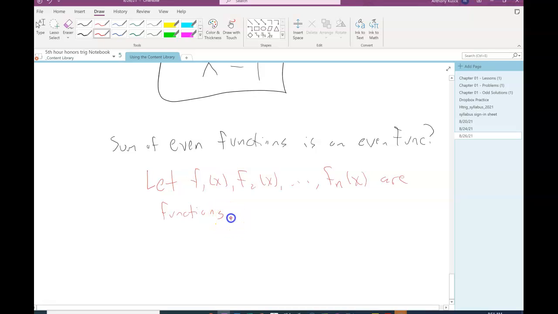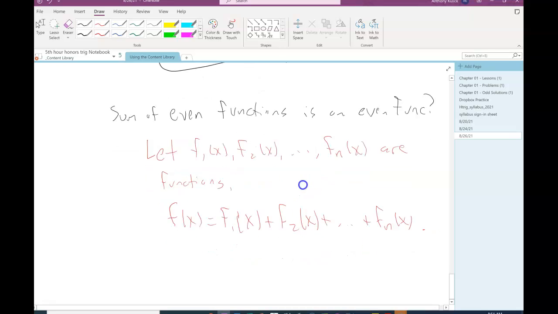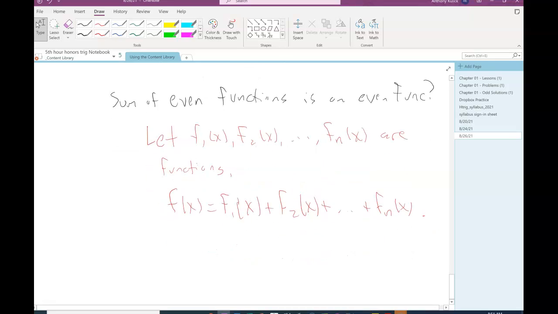And say that f of x equals f1 of x plus f2 of x all the way down to fn of x. So this is just our setup. That's our statement, right? I've defined some even functions and then written a function that's the sum of even functions. Is that okay?